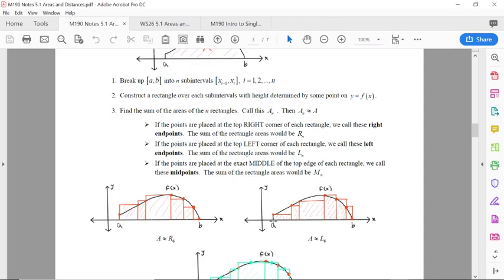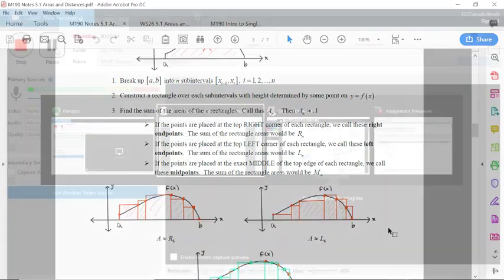Over here, this would be x1 star, because that is where we are locating the height of the rectangle through the function. So this is x1 star, this is f of x1 star, and f of x1 star is the height of the rectangle. This is x2 star, x3 star, x4 star, x5 star, and x6 star.